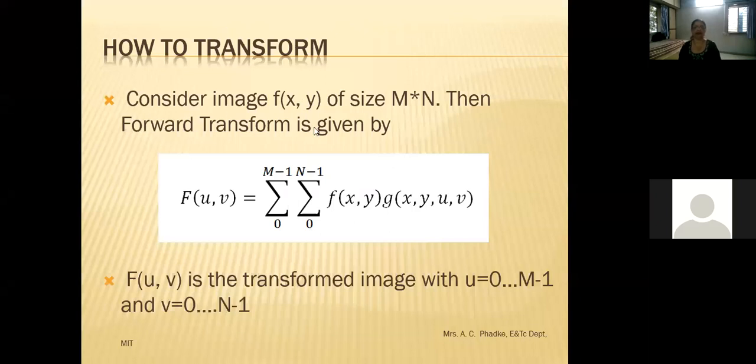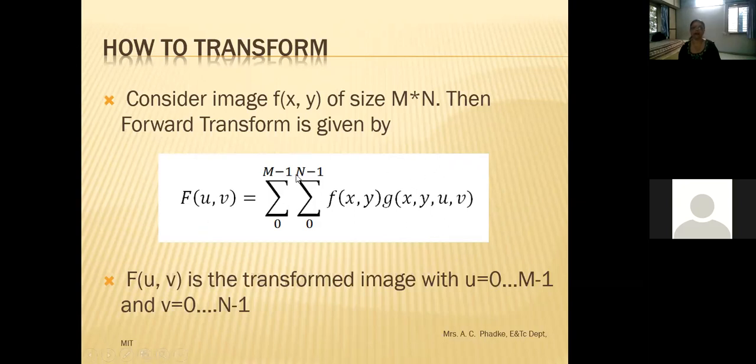If we have an image f(x,y) of size m by n, then we can use a forward transformation kernel and get the forward transformation of the image, denoted here as F(u,v). F(u,v) is given by summation 0 to m minus 1, summation 0 to n minus 1, f of x,y into g of x,y,u,v, where this g(x,y,u,v) is known as the forward transformation kernel.